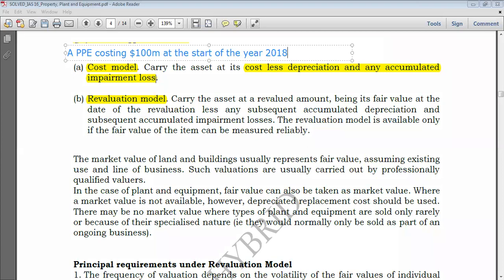Now you can see this was the PPE costing $100 million at the start of the year 2018, and you are told that the useful life of the asset was 10 years.